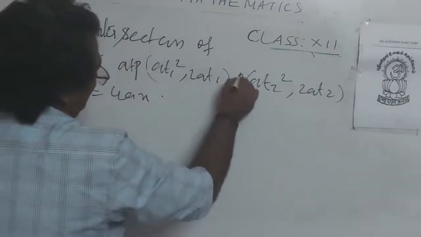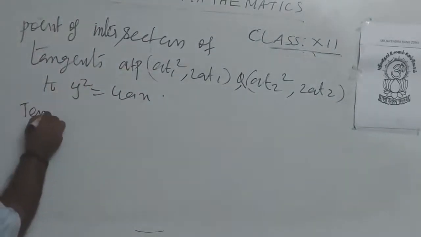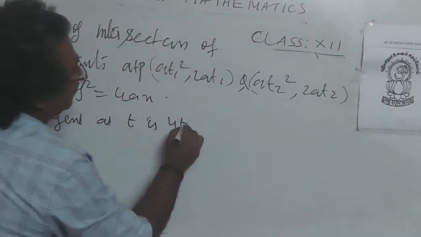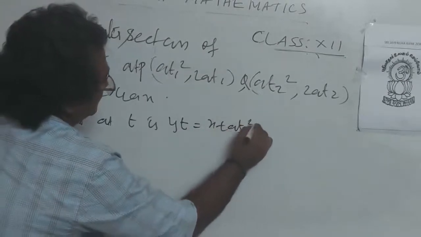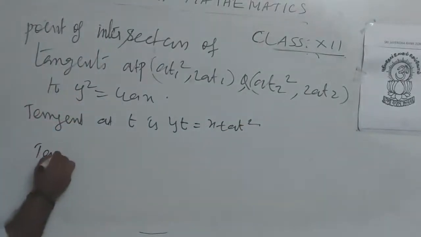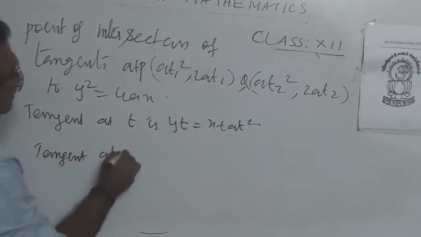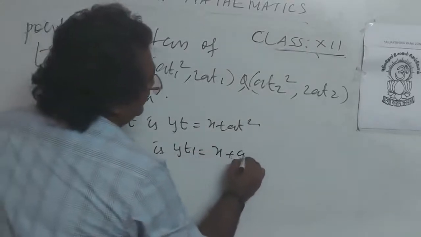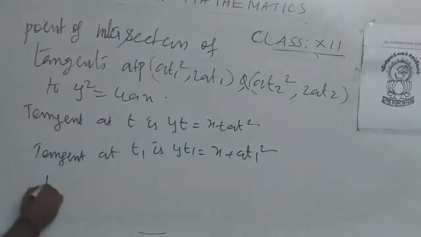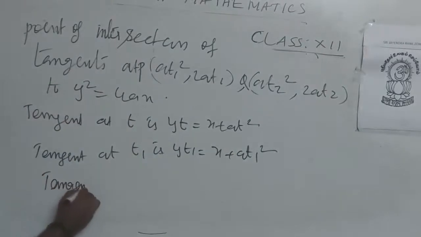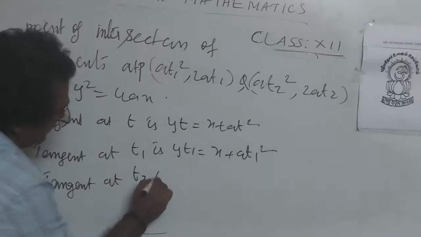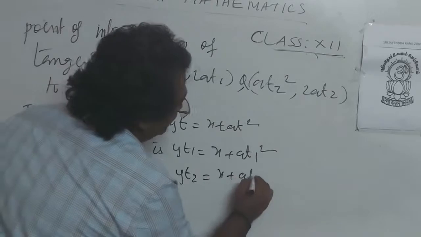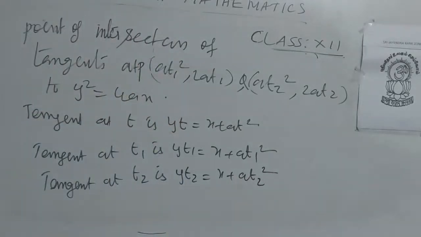Suppose the point is Q. Tangent at t is yt equal to x plus at squared. Tangent at t1 is y t1 equal to x plus a t1 squared. Tangent at t2 is y t2 equal to x plus a t2 squared.